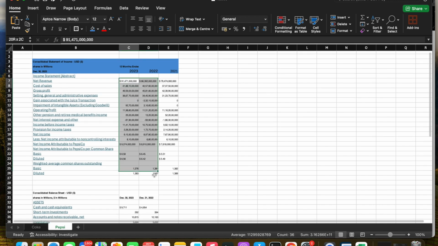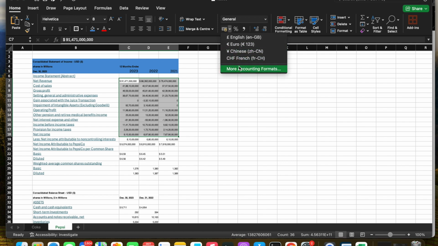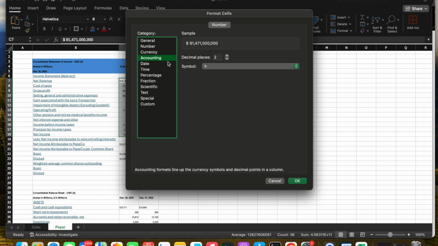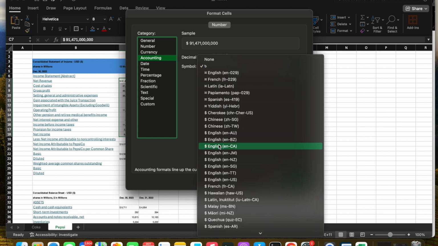Then I change the currency into US dollars, because the data I downloaded from the website is in US dollars, but here the data are in numbers, so I have to convert it into dollars.